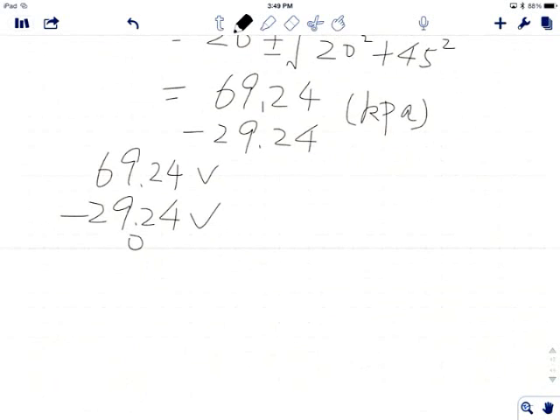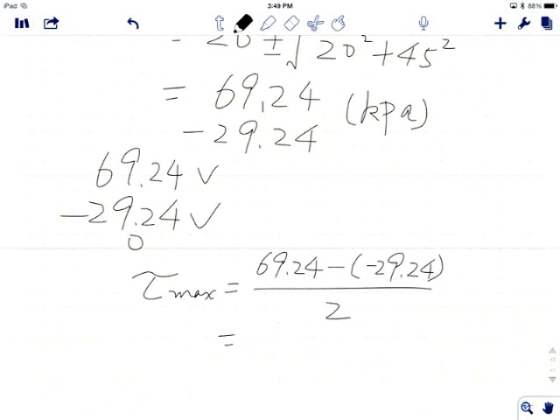Alright. So tau max is equal to 69.24 minus negative 29.24, divided by 2. Alright, let's see what the number is. I think it's supposed to be 49.24 if I'm right.